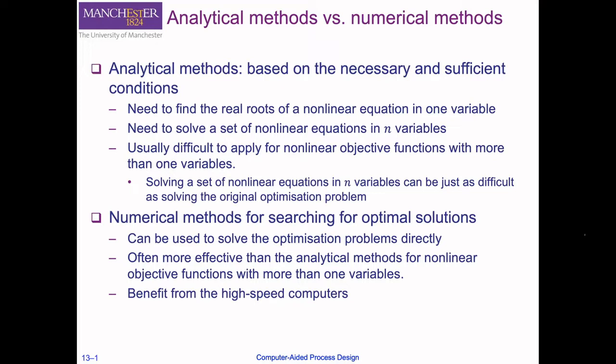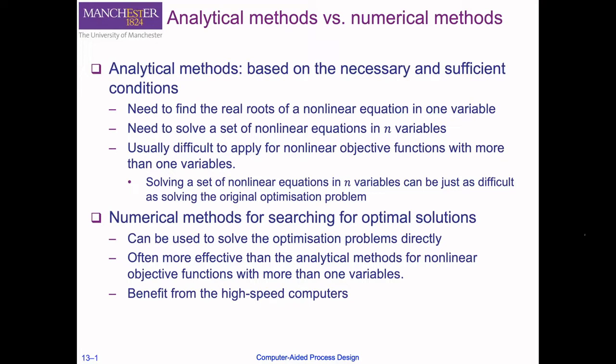We first focus on unconstrained optimization problems. Why do we need to discuss unconstrained optimization problems? There are two reasons. The first reason is that unconstrained optimization problems inherently exist in some real situations.